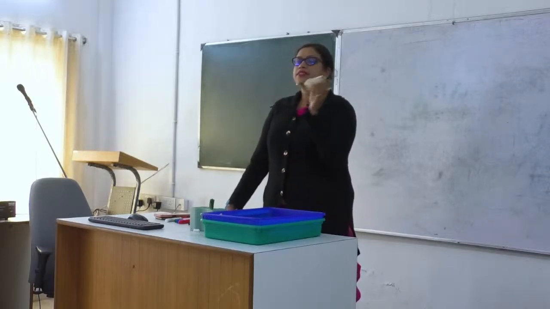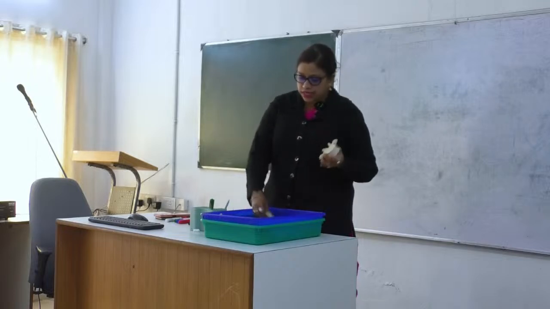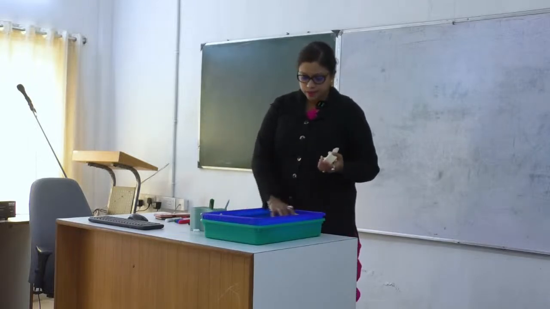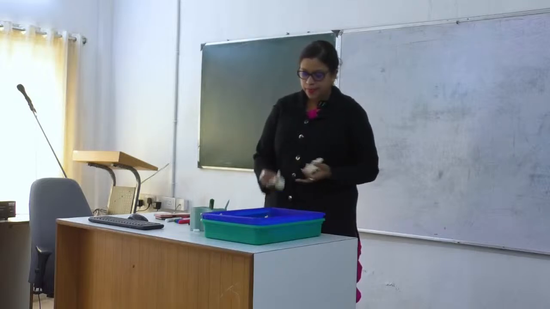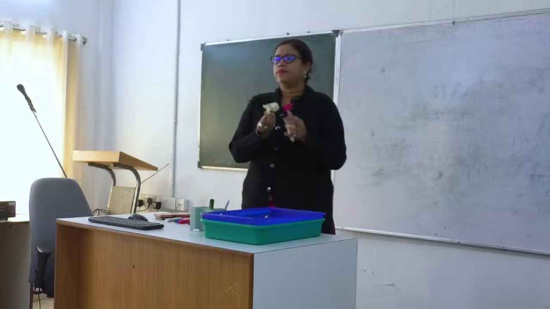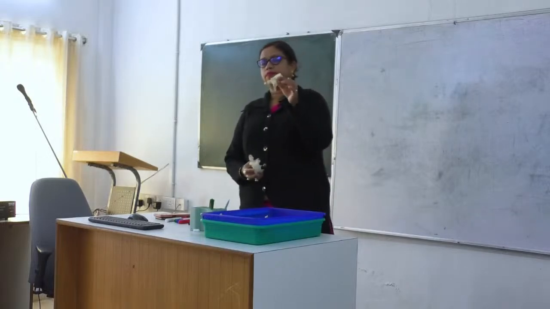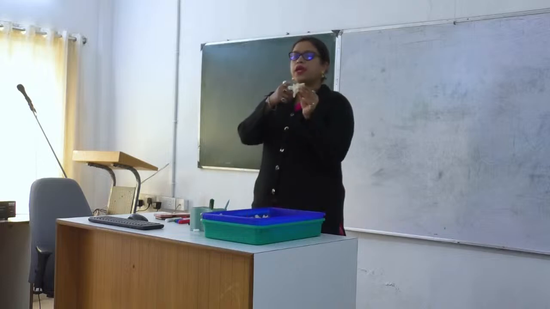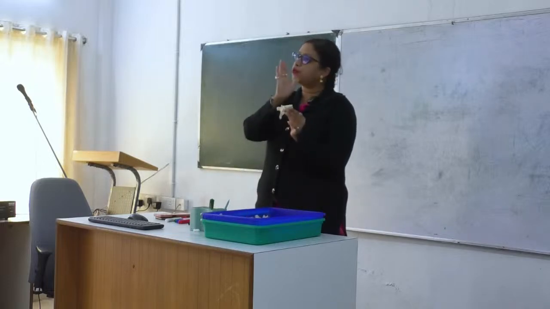So what are the characteristics? If you see the other vertebrae, how does the superior articular process look? Have you seen? Which vertebra is this? Could you tell? This is thoracic. See the superior articular facet, how it is present. It is just projecting upwards.